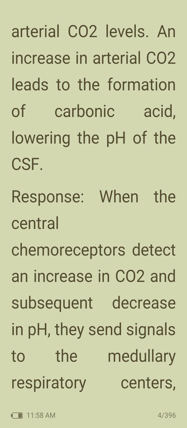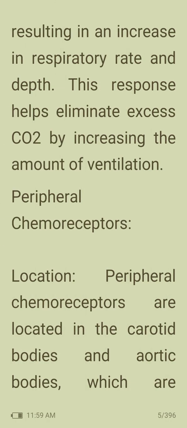An increase in arterial CO2 leads to the formation of carbonic acid, lowering the pH of the CSF. Then response: when the central chemoreceptors detect an increase in CO2 and a subsequent decrease in pH, they send signals to the medullary respiratory centers, resulting in an increase in respiratory rate and depth. This response helps eliminate excess CO2 by increasing the amount of ventilation.